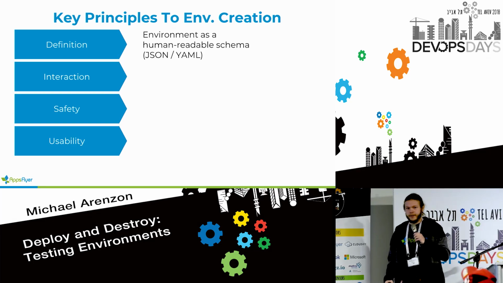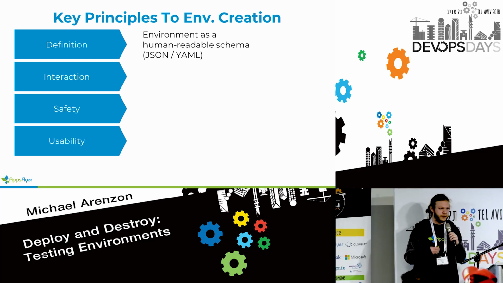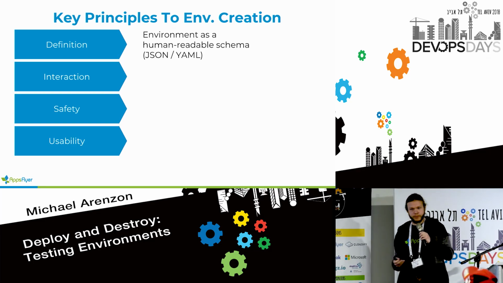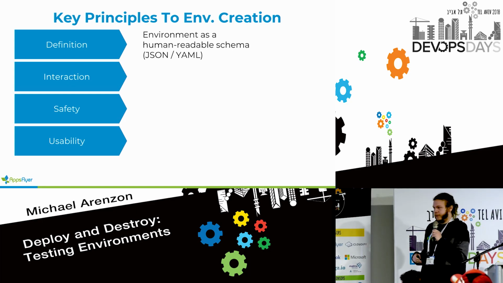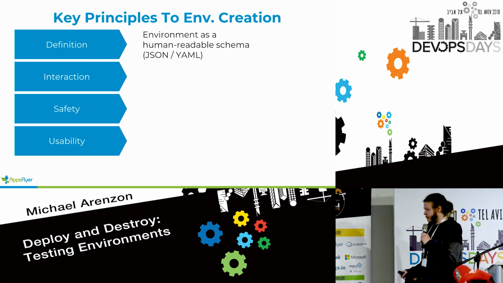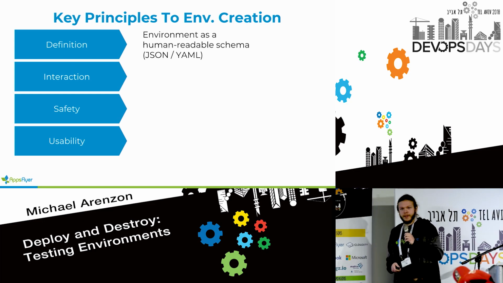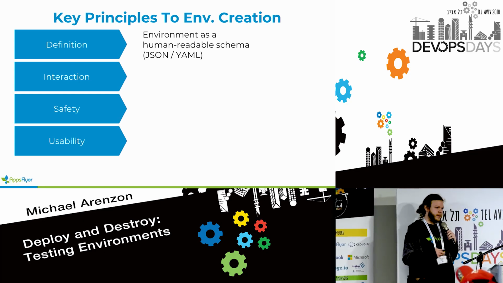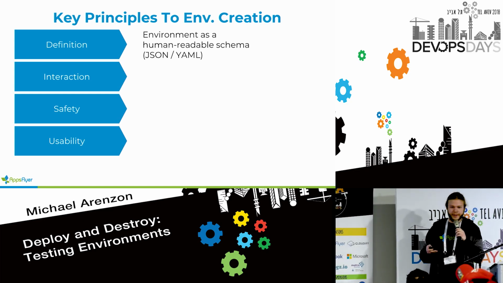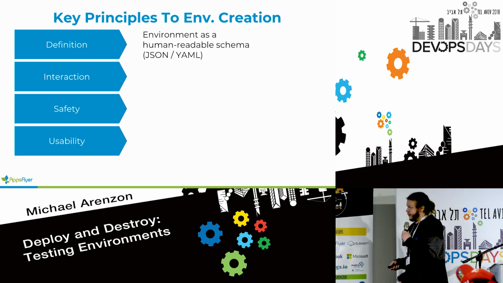The first one is trying to describe the environment as a human-readable schema. It shouldn't be something that exists only in code. It should be something we can describe in words, that every technical person can understand.